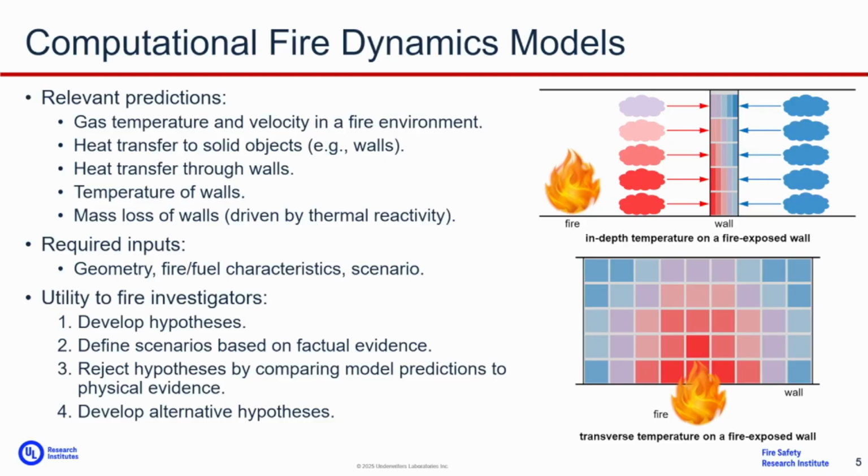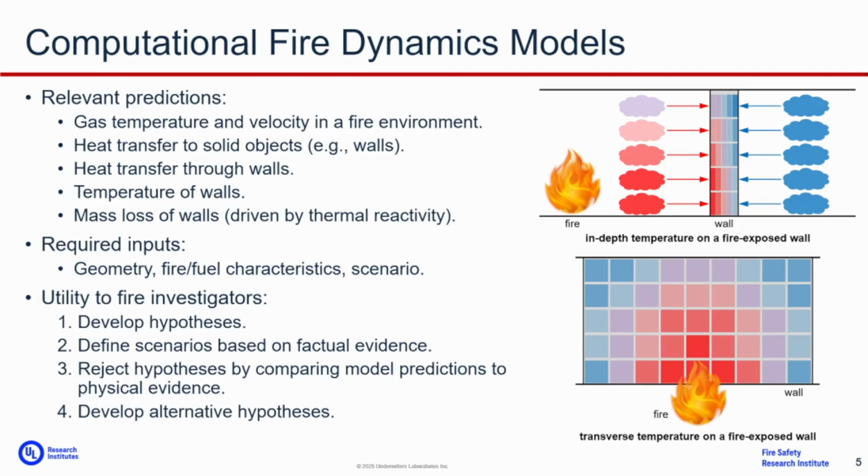So the required inputs to that model, generally something about the geometry, something about the fire or the fuel characteristics, and that would include both the origin as well as the entire compartment, and then information about the scenario, how the fire will evolve over time.